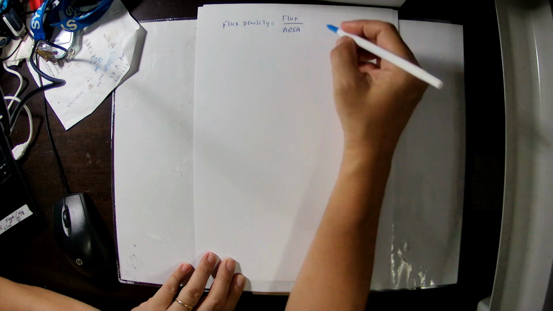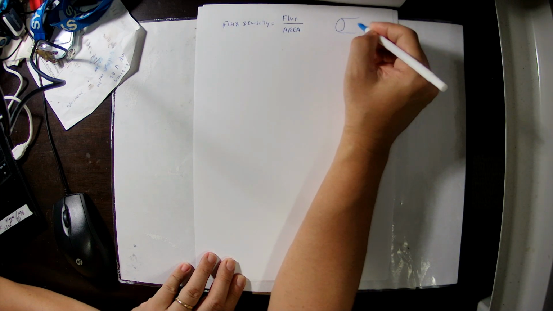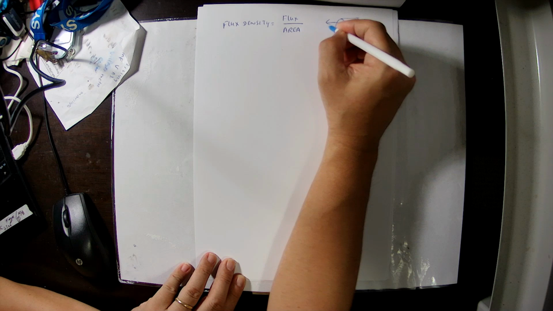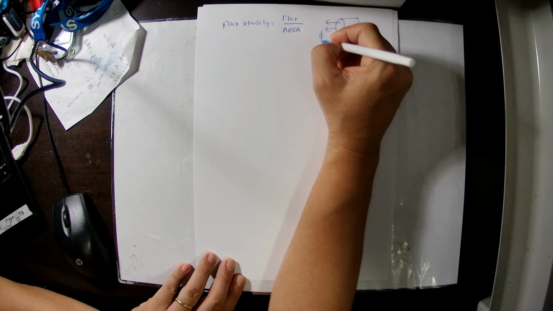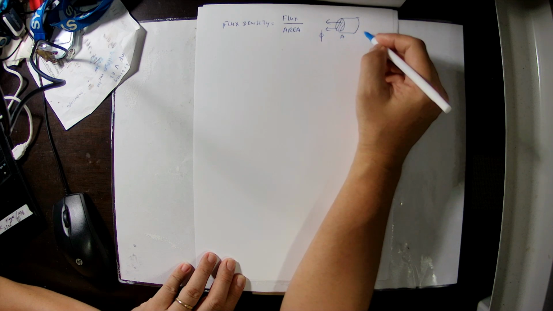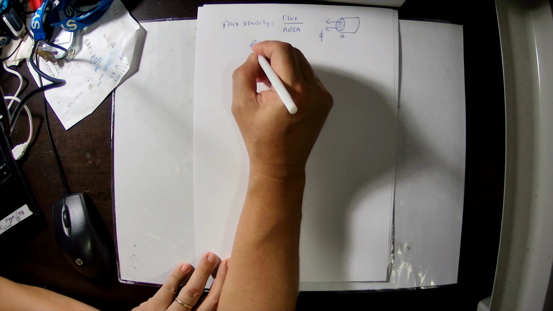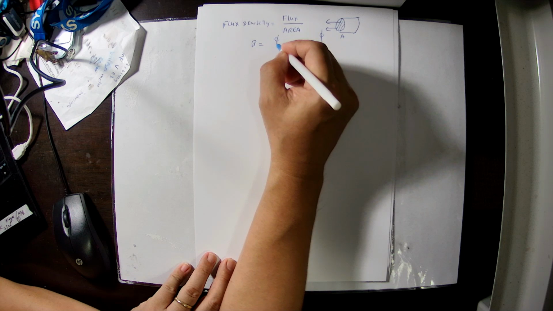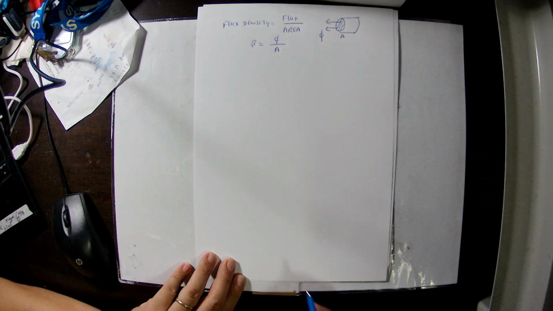So here is an area. From this area, the magnetic flux is coming out. This area is A. So flux density can be calculated as B equals phi by A. Phi is the flux.